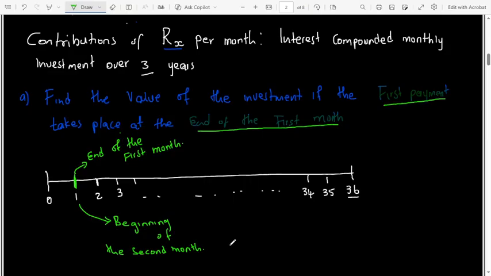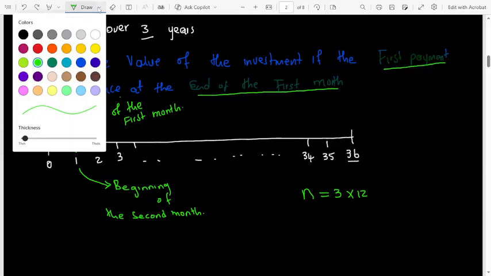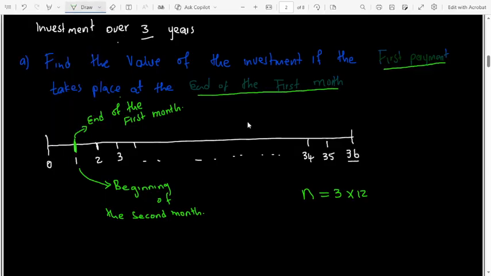Now let's talk about the number of years and the number of payments that we're going to make. We're going to invest this for how many years? For 3 years. So this will be 3 times 12. Why are we saying 3 times 12? Because this is compounded monthly. The reason we are multiplying by 12 is because it is compounded monthly.